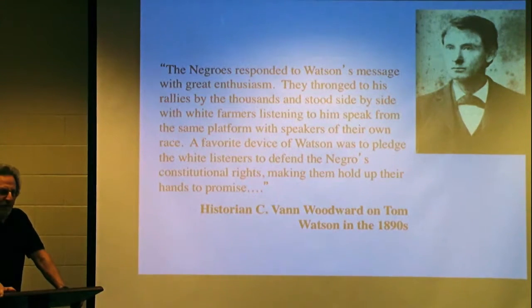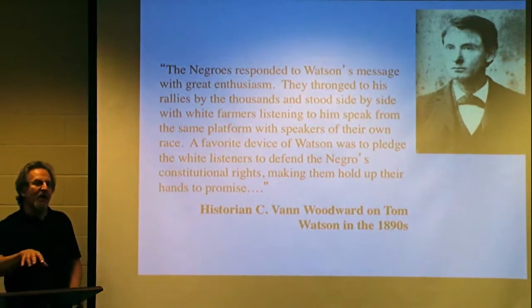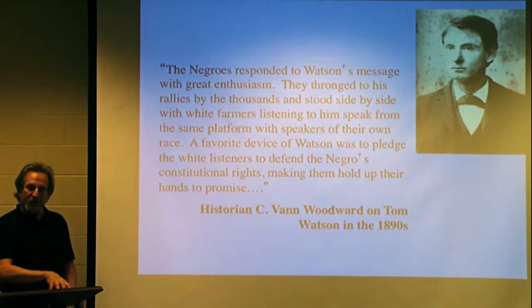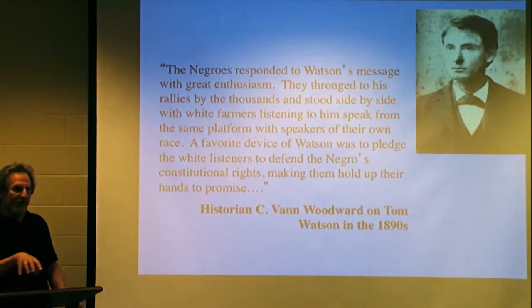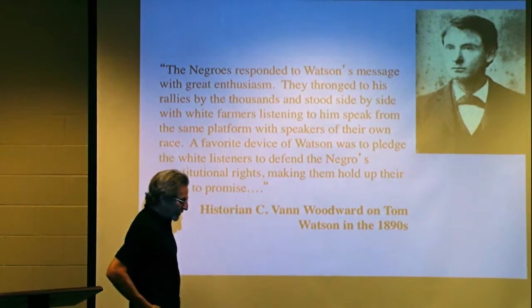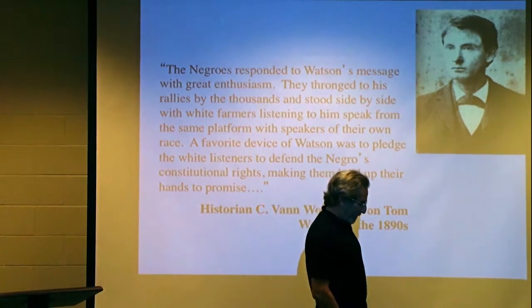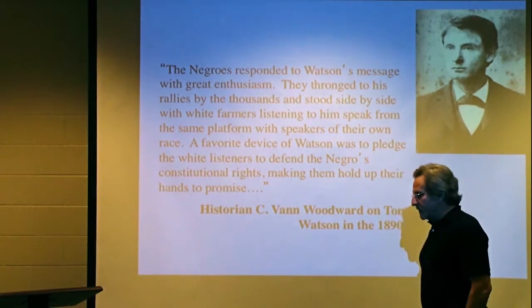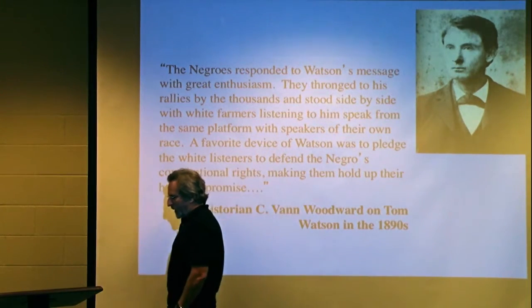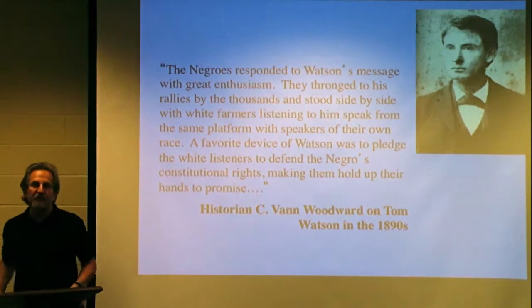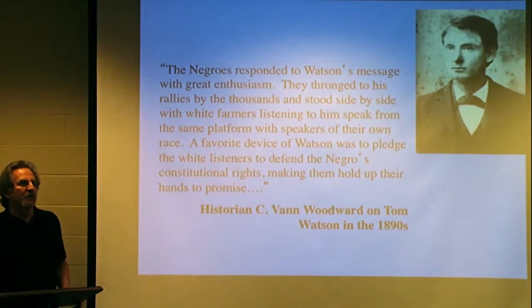In other parts of the South, the populist movement was divided by race. White farmers setting up populist organizations for black farmers, putting white leaders on top of the black farmer associations. But even in Georgia, even with the case of Tom Watson, white supremacy was still very strong.